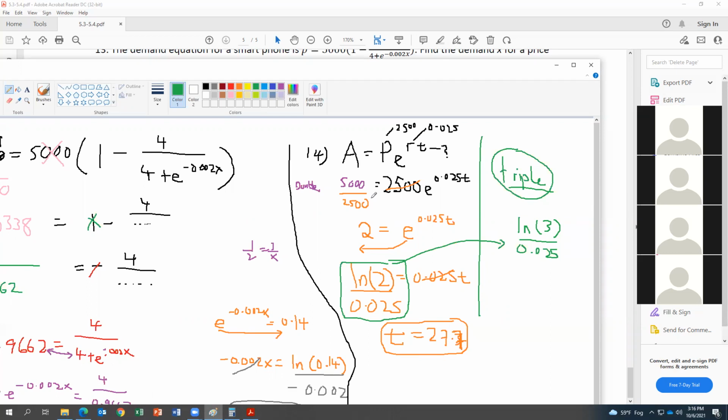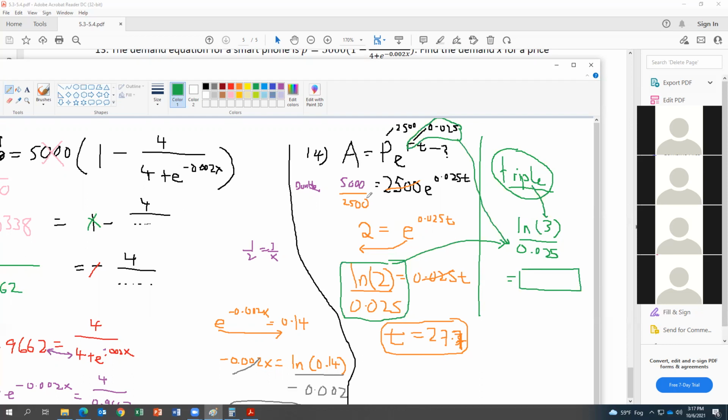So in the next section, if a question wants us to be triple, you just do ln3 over the rate. Do you guys know what this 0.025 is? That is your rate. So in the future, if a question is asking for the compound interest formula, compounded continuously, triple, you just put ln3 and then divide by the rate, and you will get your answer here. You guys okay here?